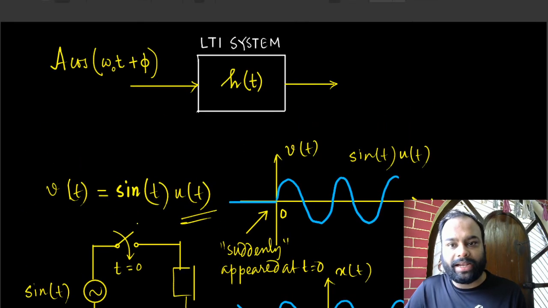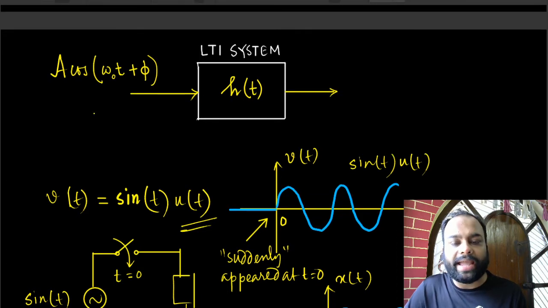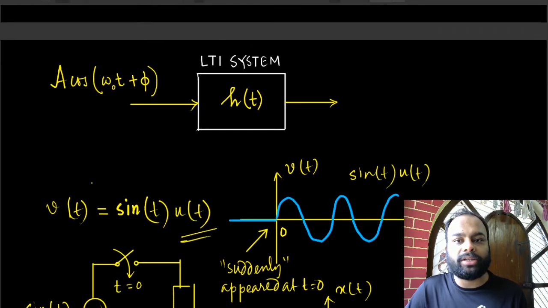So now, let me go back to my question. How did I ensure that this system had a steady state? I ensured it just by not having a u(t) here. If I had a u(t) here, it would mean that this signal suddenly appeared at t equal to 0.